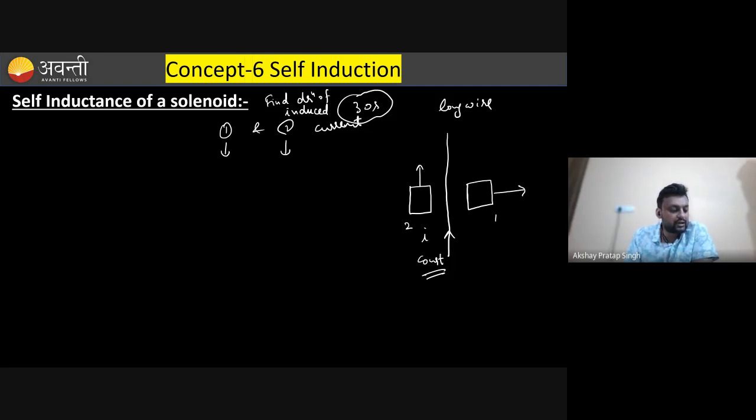The direction of induced current I am asking. So current will be either clockwise or anti-clockwise in the loop.